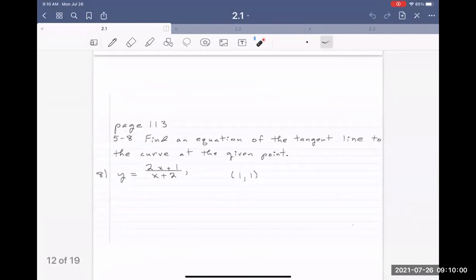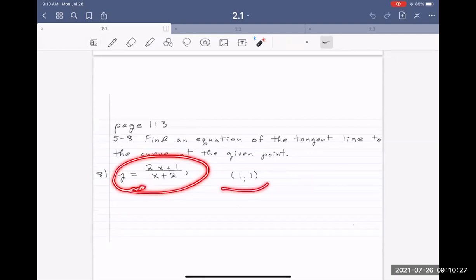So let's do some examples. On page 113, in problems 5 through 8, find the equation of the tangent line to the curve at the given point. So problem number 8. I want to find the equation of the tangent line to y equals 2x plus 1 over x plus 2 at the point 1, 1.